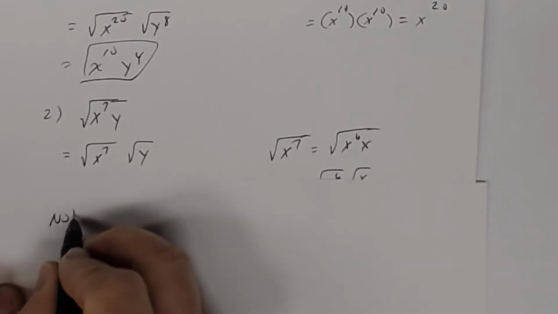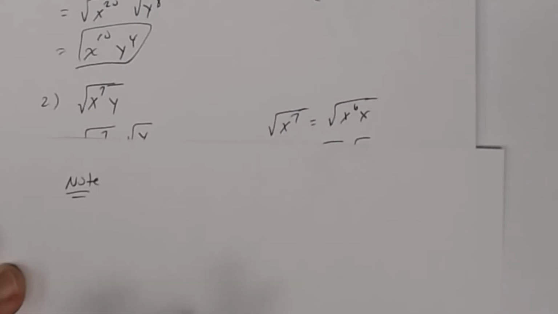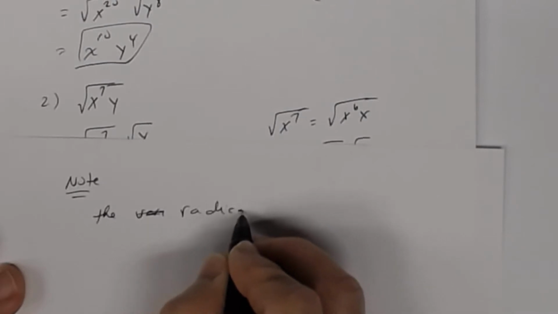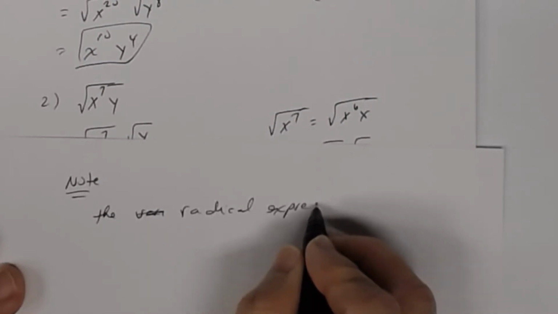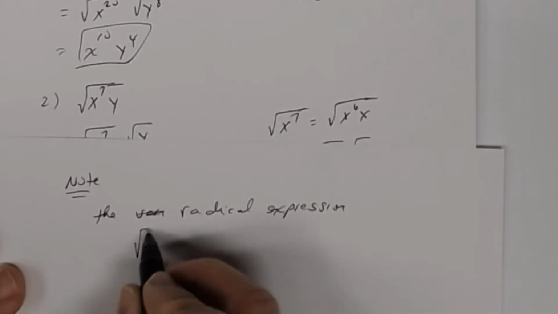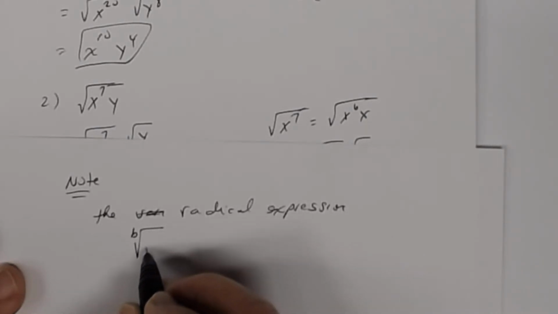All right, so note the radical expression, and I'm going to write this as the b root of x to the a power.